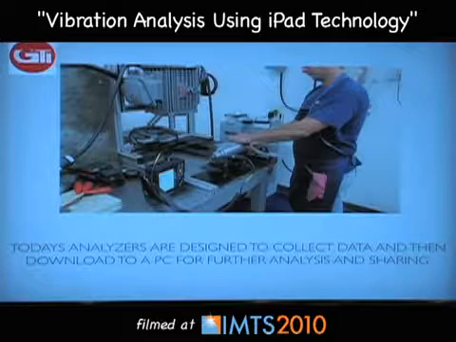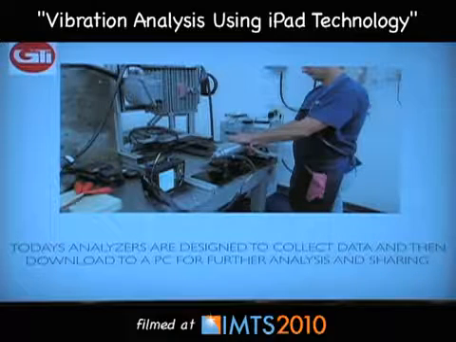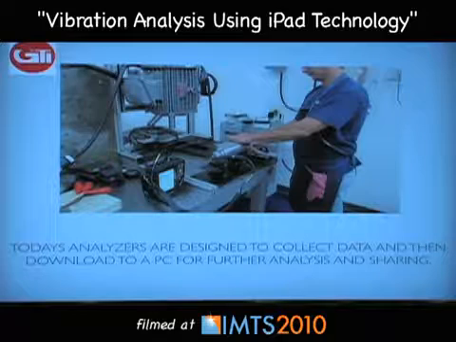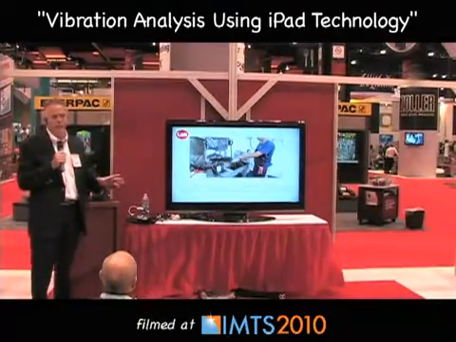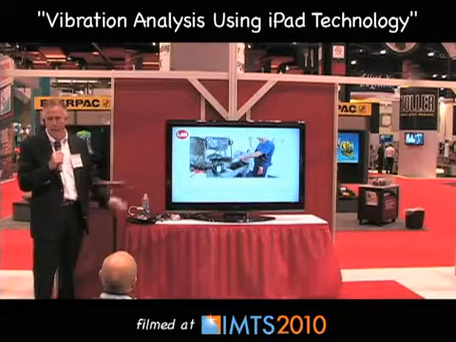So he would then take that information, download it into a PC and work in his office to produce his report to his superiors so that they can make important decisions saying, all right, machine number 53 on the B line is looking like we're going to have a failure. We need to plan for it, make sure we have all the components necessary to fix it so we can take care of it on an off shift and get it up and running for production.